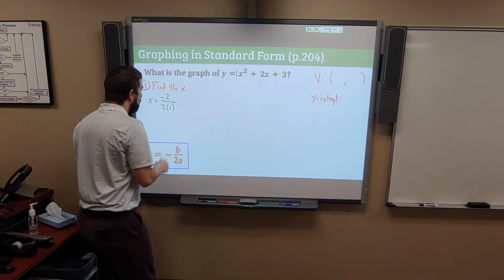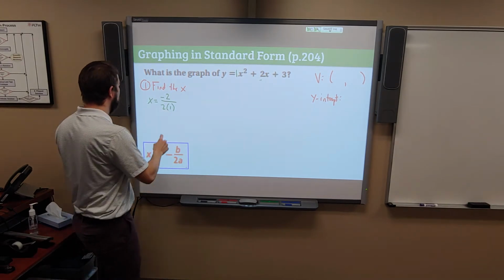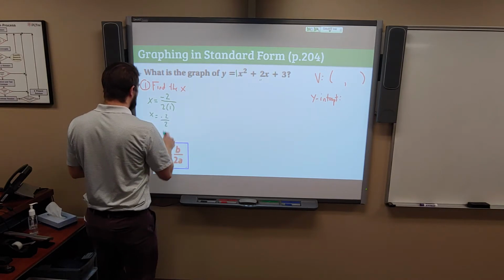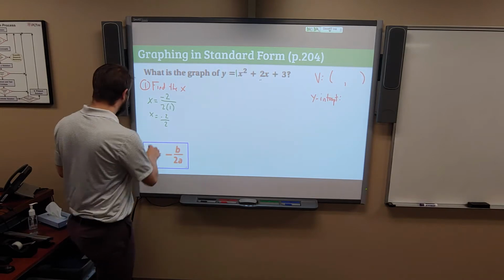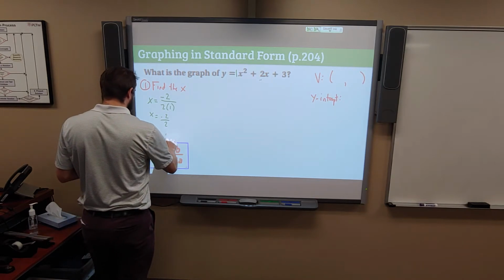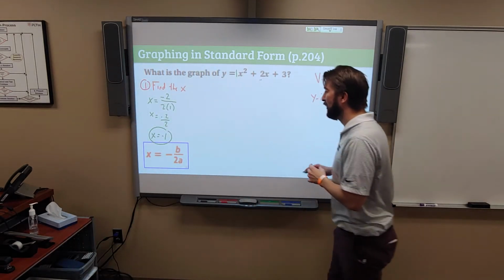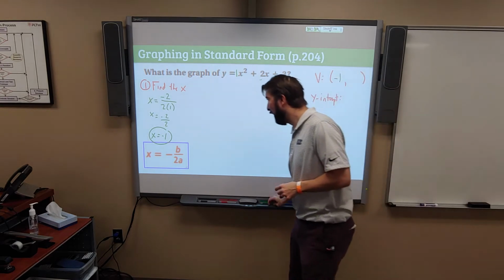So 2 times 1 is 2. So x equals negative 2 over positive 2. Negative 2 divided by positive 2 is negative 1. So x equals negative 1. I'm going to circle that, and then put that negative 1 there.